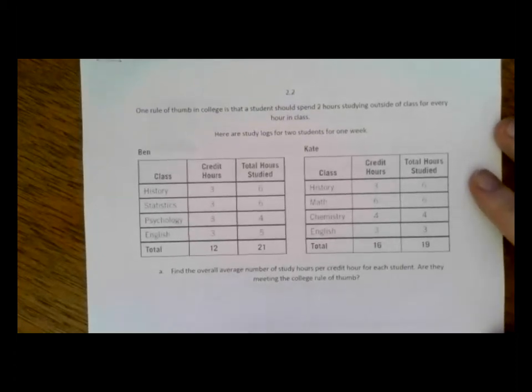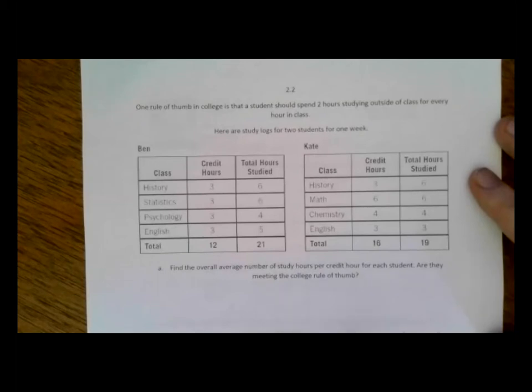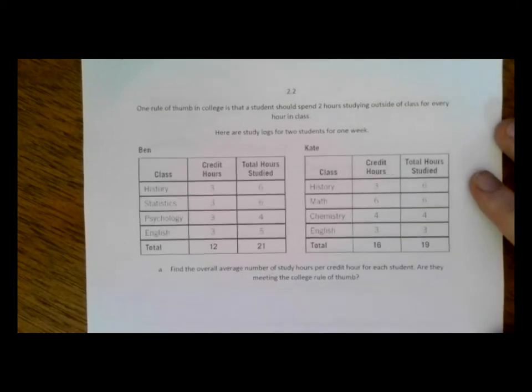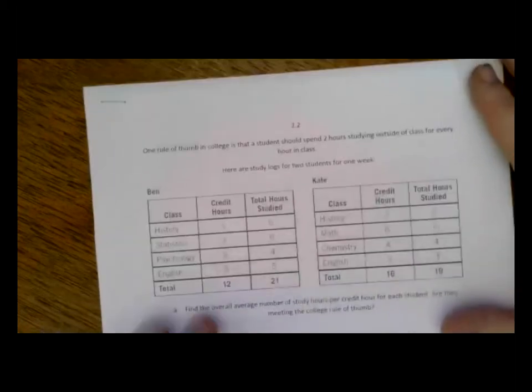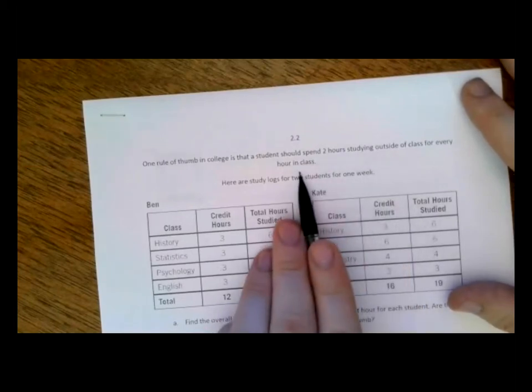Okay? So it says find the overall average number of study hours per credit hour for each student. Are they meeting the college rule of thumb? So how we can find this average is just like we found the mean in the past, right? We have our total here and we have how many hours they studied here, so we're just going to divide the two. The way it's worded up here is 2 hours studying outside of class for every hour in class.